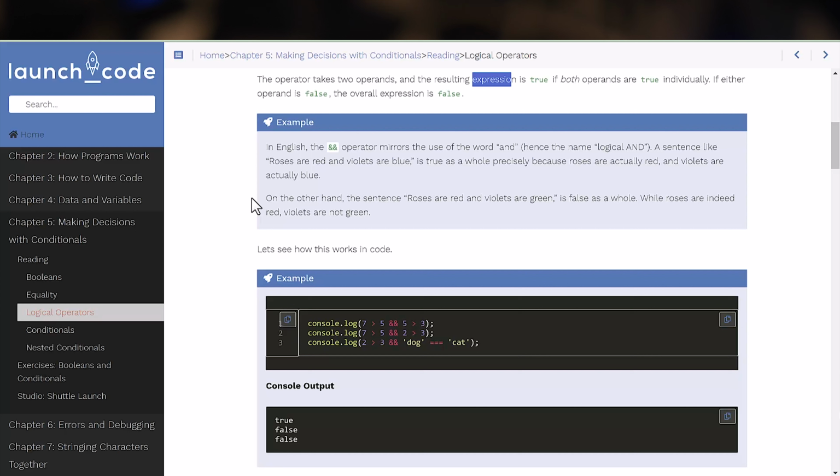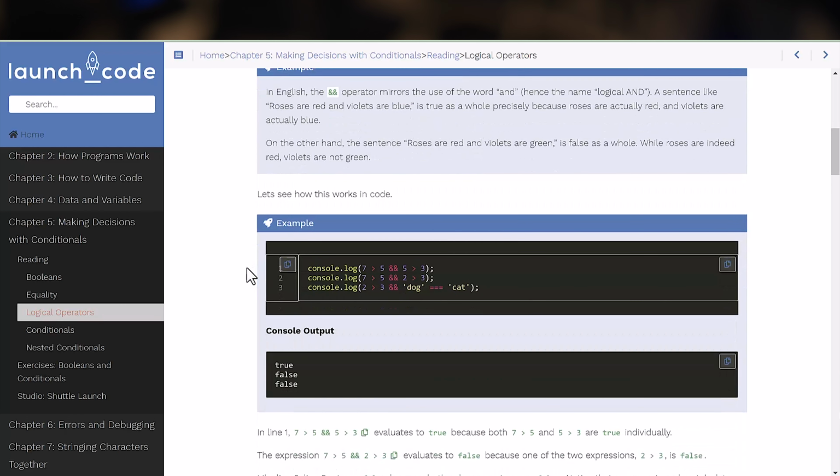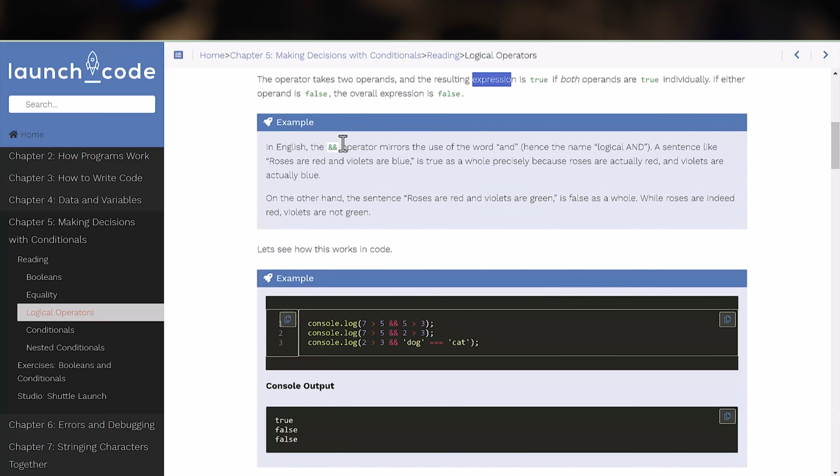In English, the double ampersand operator mirrors the use of the word and, hence the name logical and. We know what and means. A sentence like roses are red and violets are blue is true as a whole precisely because roses are actually red and violets are actually blue.